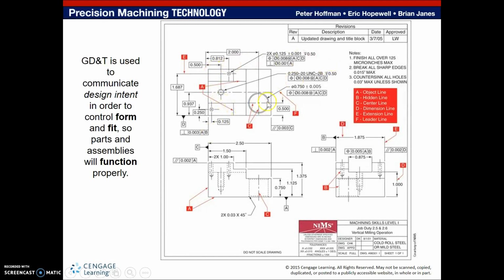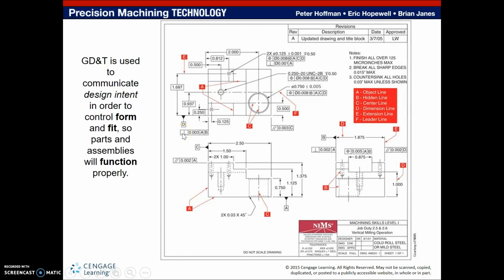So take a moment and look through these, and you can break this down further in your textbook as well. These feature control frames are very, very important to us in order to relay what features we're trying to control. Notice in this case, we're looking for axes to be parallel. In this case, we're looking for axes to be perpendicular.